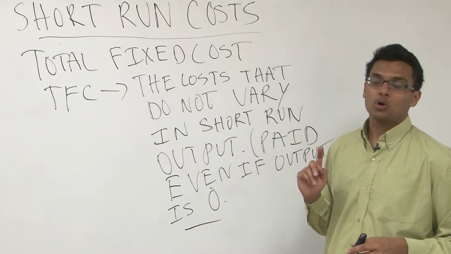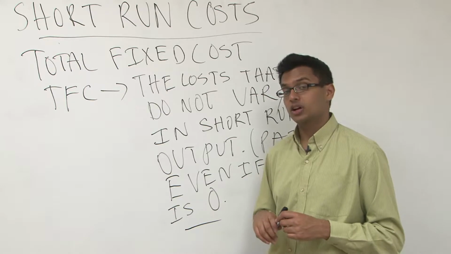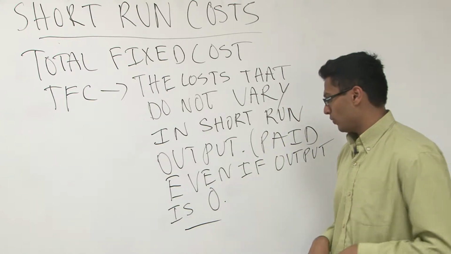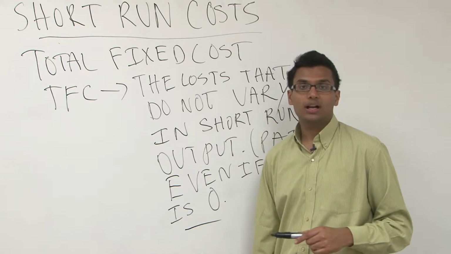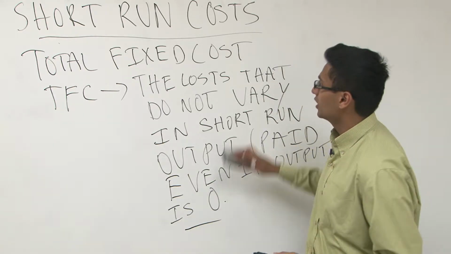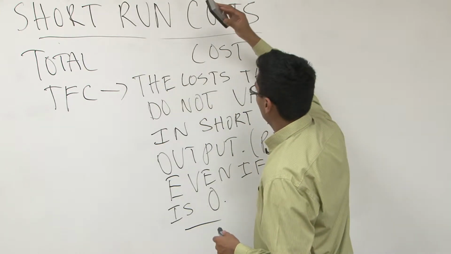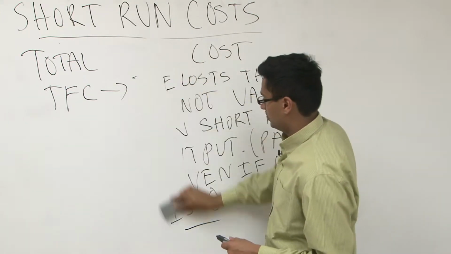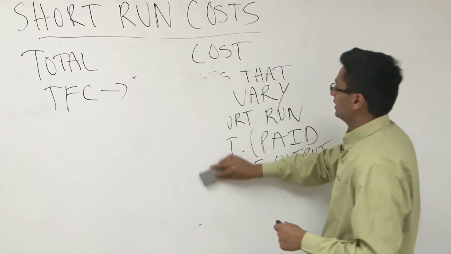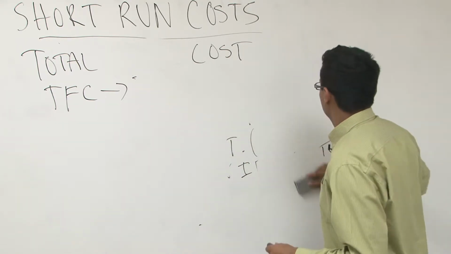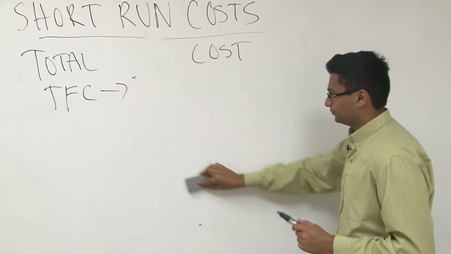Next concept we're gonna go over is total variable costs. So that being said, let me go ahead and erase this. So we cover TVC, or total variable costs. I'll just change this definition, and then I'll change TFC to TVC, which is total variable cost.